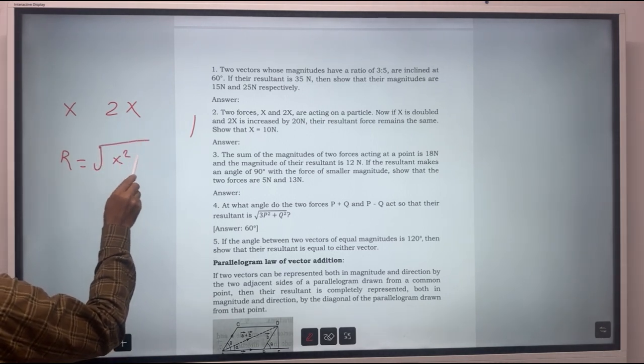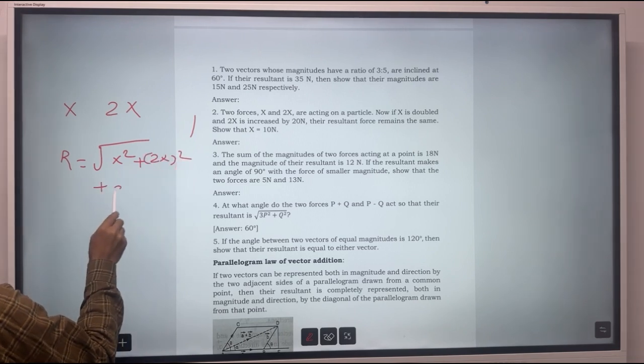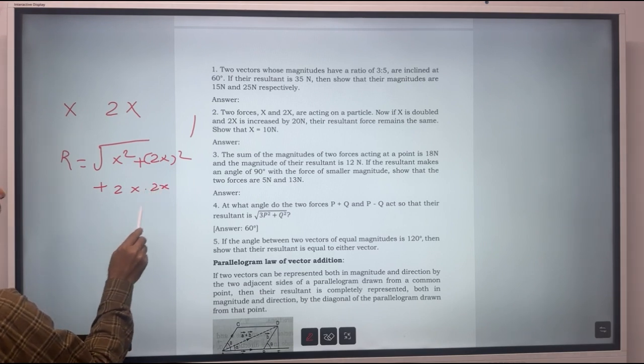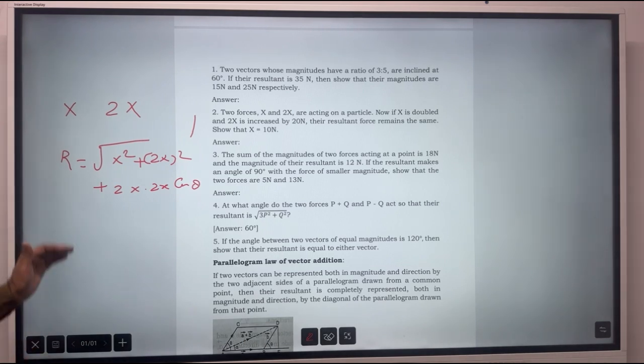Root of x square plus 2x whole square plus twice of x into 2x into cos theta. This is the initial resultant.